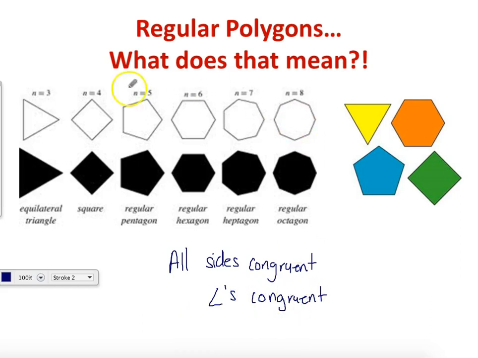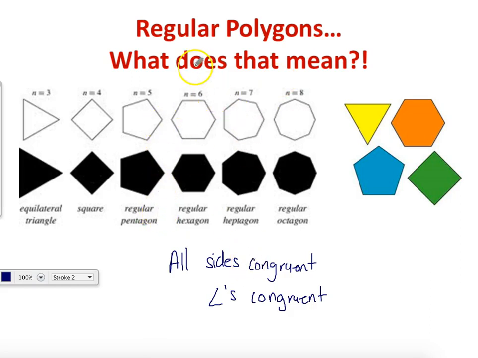So a polygon can have any number of sides. A triangle is a 3-sided polygon. With 4 sides, it can be some type of quadrilateral. You can have 5 sides, 6, 7, 8, 9, 10, any number of sides to be a polygon, as long as all of our sides connect and we don't have any holes.